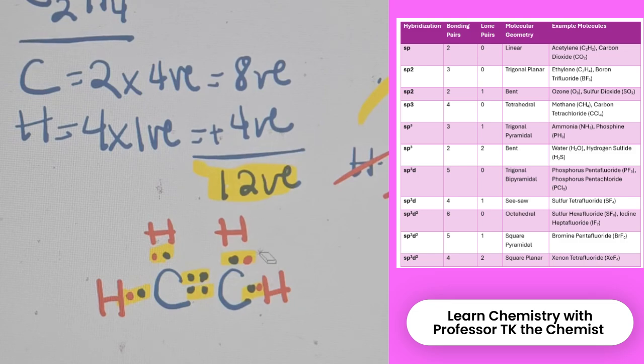So now I'm going to replace those little dots here with dashes, because remember, we don't want to leave the image like that, okay? So what we're going to do is draw the dashes in the middle for that double bond, and the single bonds are right here, okay? Now, this is going to play a role when we get into sigma bonds and pi bonds, because you've got to understand what this represents, okay? And we'll get into that momentarily.